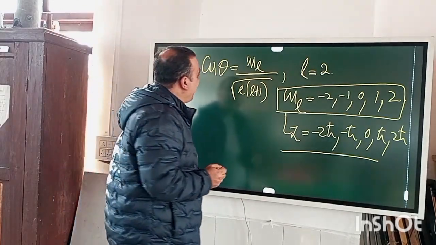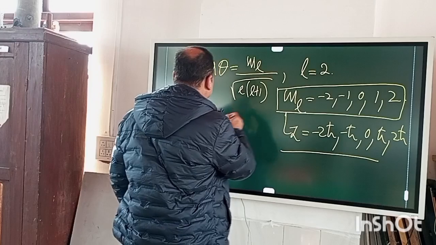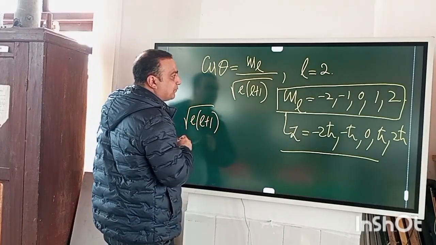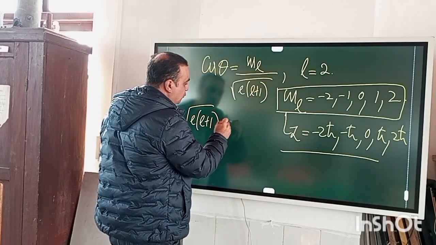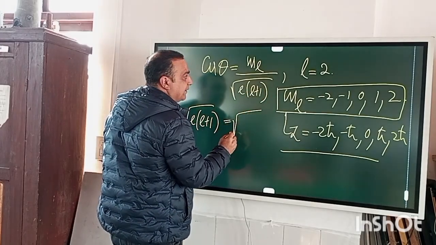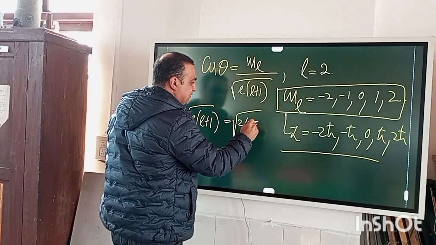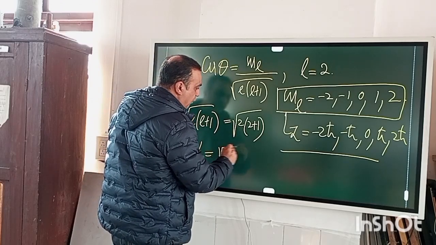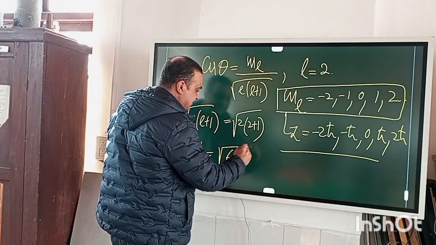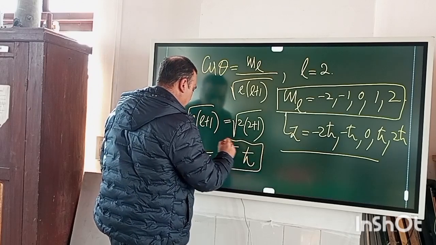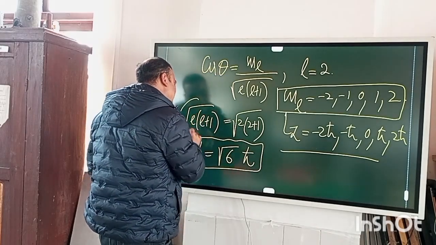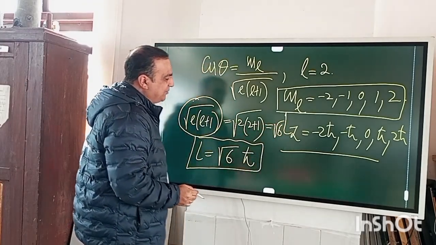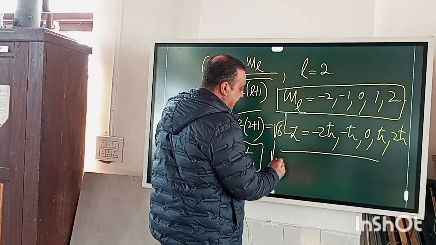Now, one more thing, if we calculate the square root of L times L plus 1, for this particular case that we have chosen, it will be the square root of 2 times 2 plus 1. So the magnitude of L is the square root of 3 times 2, which is root 6 h bar. So the value of this is equal to root 6, and root 6 is, of course, greater than 2.